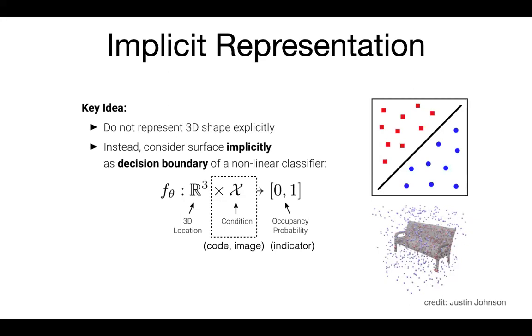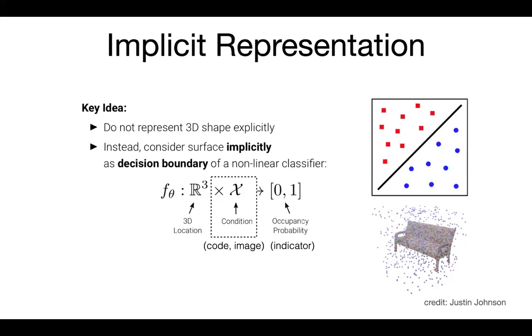And we consider the surface as a decision boundary. In the case of the neural network, it is a nonlinear classifier, because it's a point membership classification function. The neural network knows how to do classification and is going to be a nonlinear classifier.